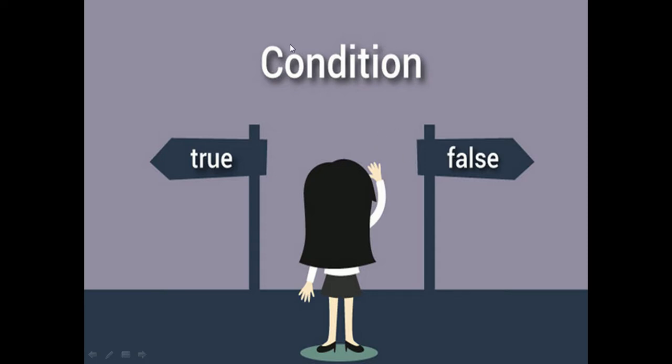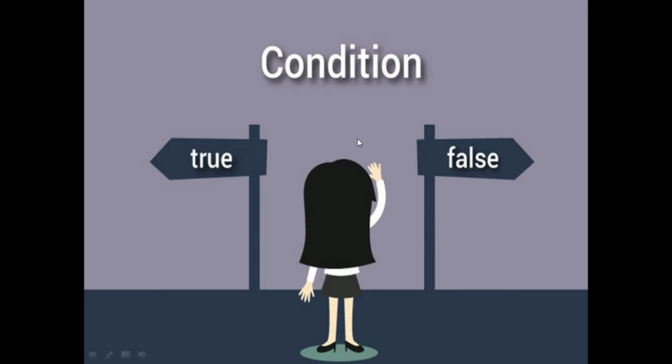We check a condition. If the condition is true, then we execute some code. If the condition is false, then we execute another part of the code. Then our program continues as usual to other part of the program.